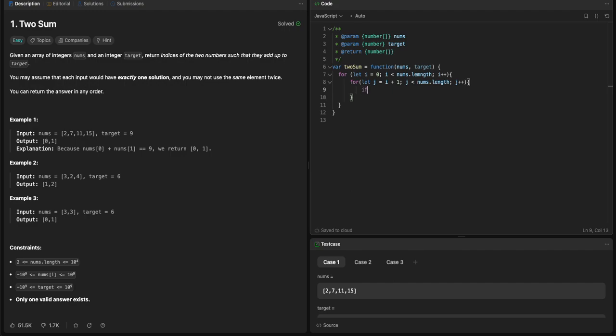So I want to say if nums of i, the element in the ith index, if nums of j equals target minus nums of i, that means they add up to the target.